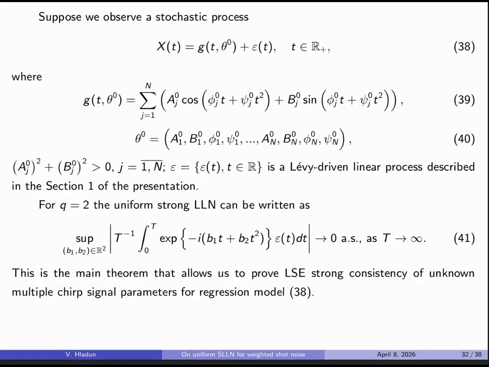We have already proved the asymptotic normality theorems for these estimates, and the final Gaussian distributions have exactly the same asymptotic covariance matrices.